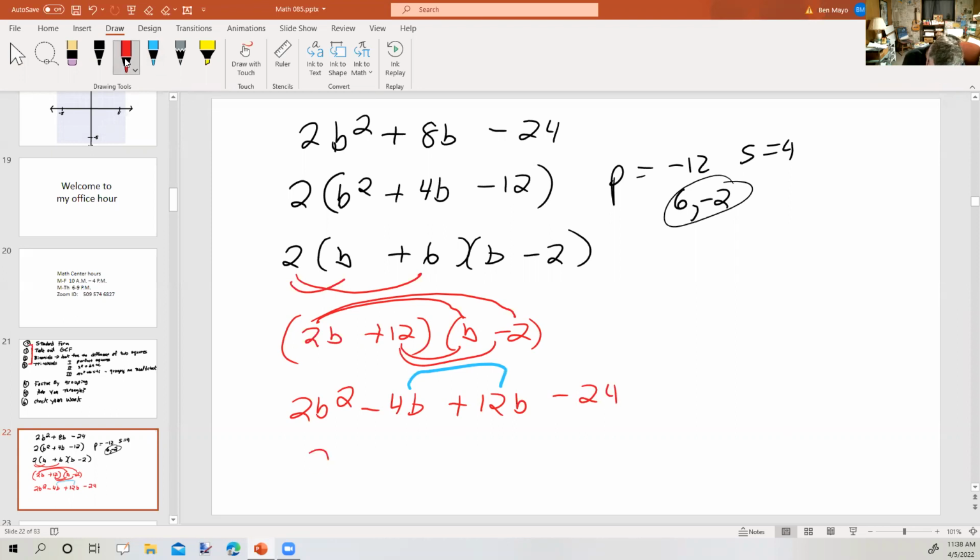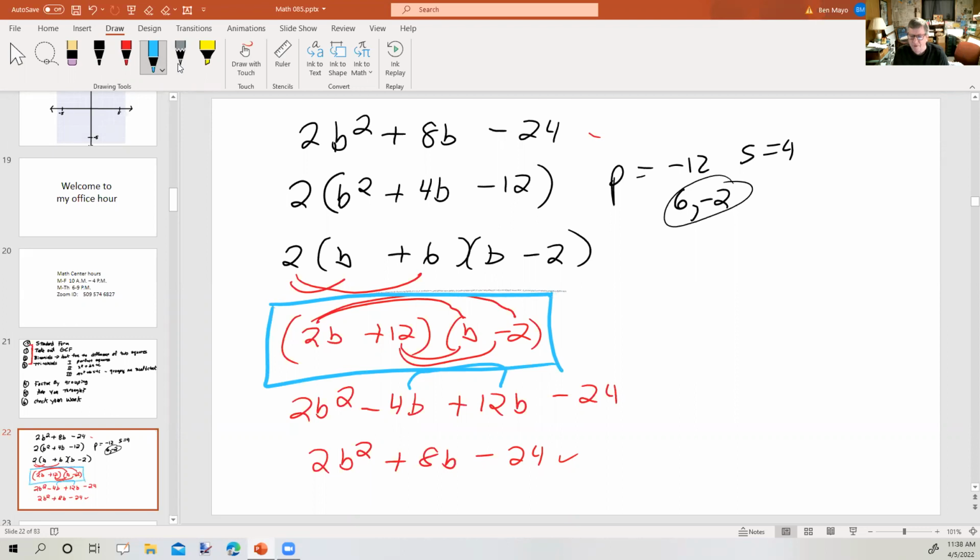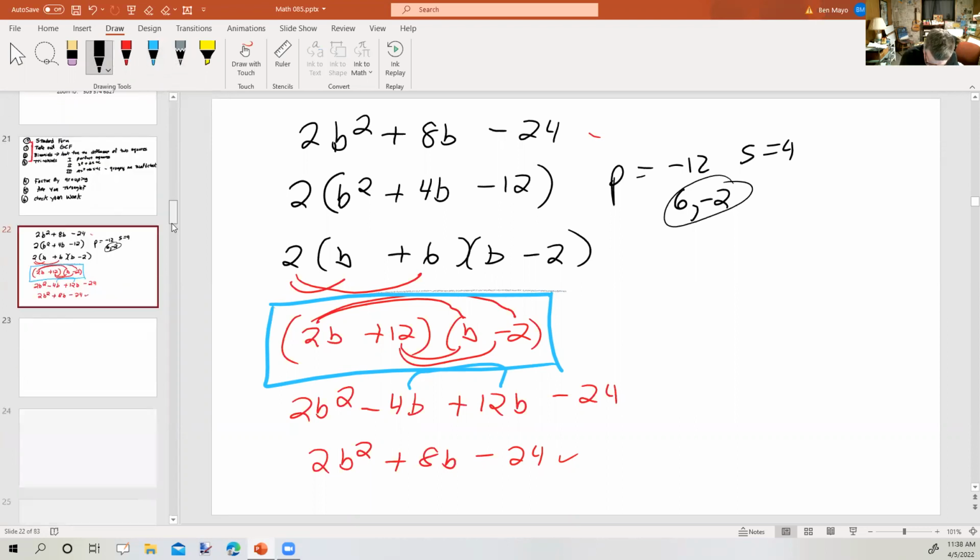Combine like terms: 2b squared plus 8b minus 24. It checks. So this is the correct answer. All right with that? Okay. Yeah.